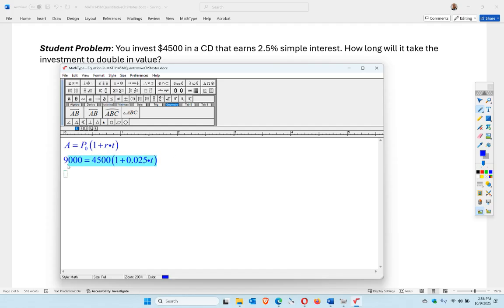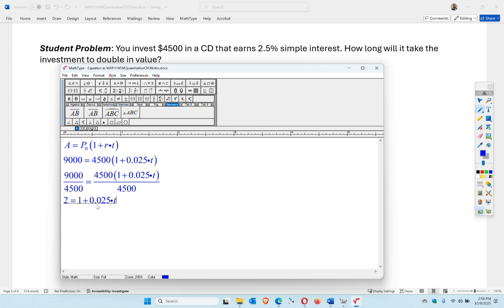So I'm going to take this equation and solve algebraically, which means the first thing I want to do is divide both sides by 4,500. You can also distribute the 4,500, but I think that would be more difficult, to be honest with you. Okay, so that's going to give me 2 on this side, and that's going to leave me with this on the other side, because the 4,500 will cancel, right?